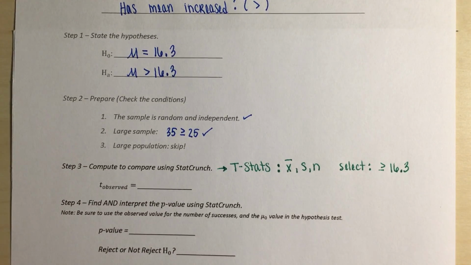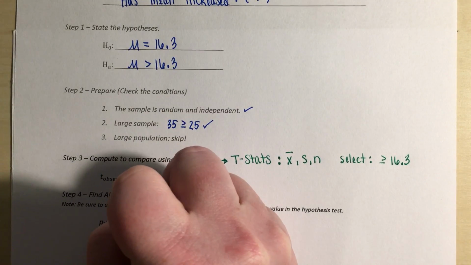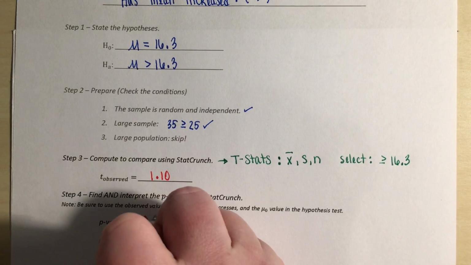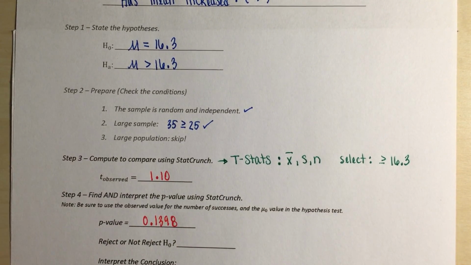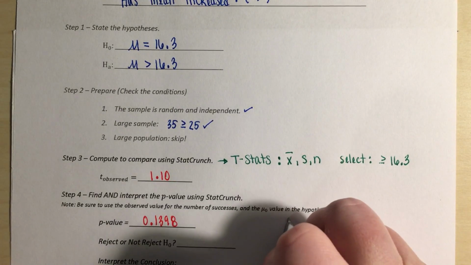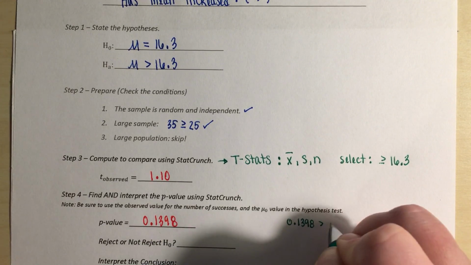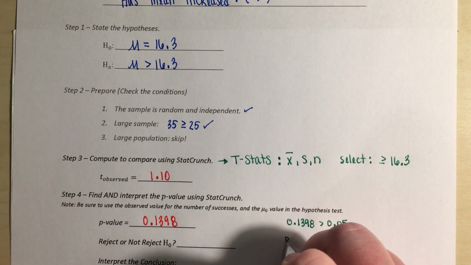So our value for our T statistic, again, instead of a Z statistic, is 1.10. Our p-value, 0.1398. And then remember, to make our decision, we are comparing that to alpha. 0.1398 is greater than our significance level of 5%.